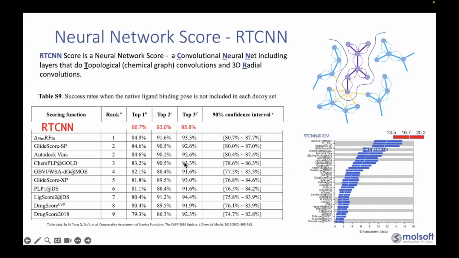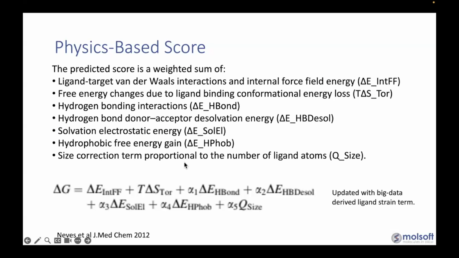So the other score we have is the physics-based score. The scoring function considers various contributions, such as van der Waals interactions, the repulsive attractive forces between atoms, electrostatics as well, the interactions between charged atoms, hydrogen bonding, contributions from donor acceptor pairs.